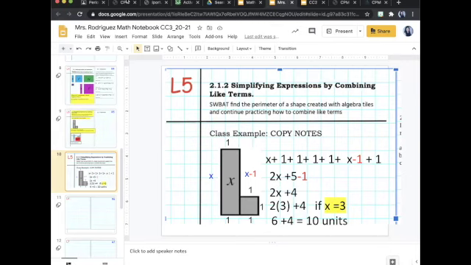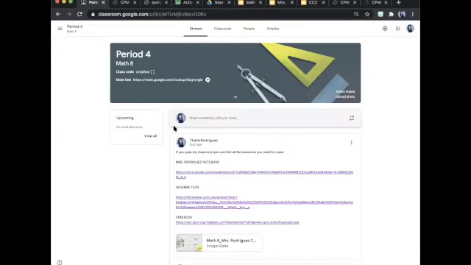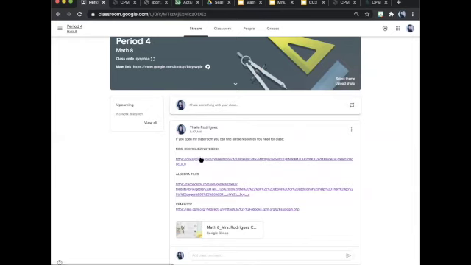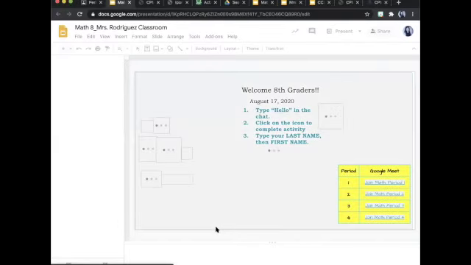Okay, so now when you are done with the activity, you're going to get your actual physical notebook. And if you go to your period, in this case, it's period 4, you can either click on my notebook here, or you can open my classroom.